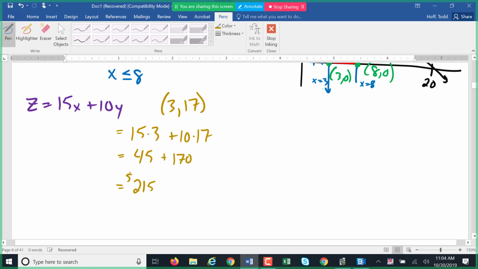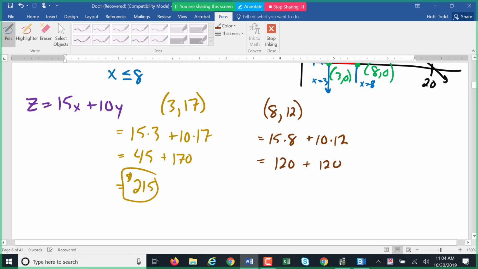That'd be $215 per week. The other point over here was 8, 12. Let's try that. That's going to be 15 times 8 plus 10 times 12. 15 times 8 is 120. 10 times 12 is also 120. Adds up to 240.